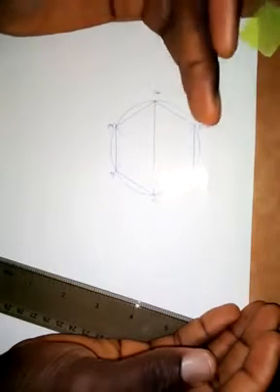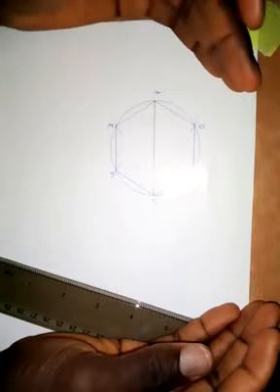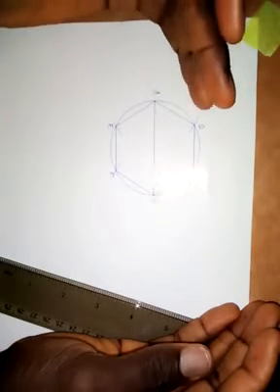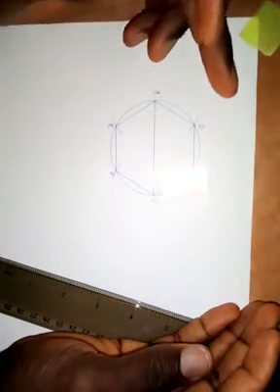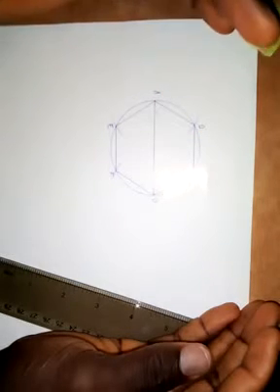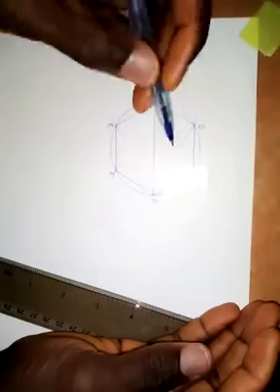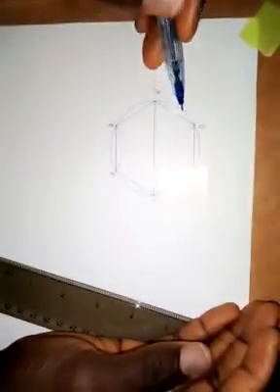So don't forget that when you are given the length of side of the hexagon, that length of side is what you use to construct a circle. You take that length of side as the radius of the circle. The length of side given to me is 30 mm, so I used that 30 mm as the radius of this circle.